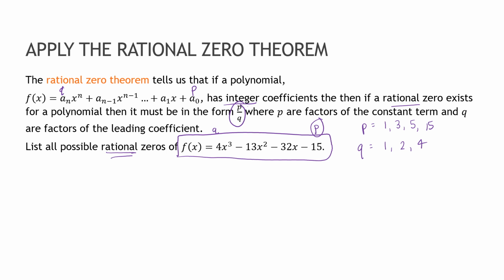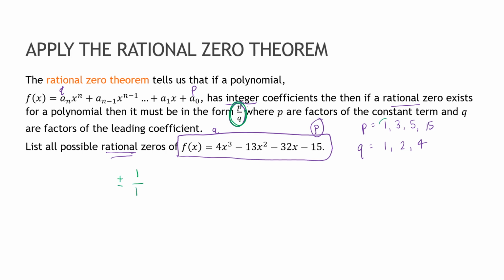So all of the possible rational zeros for this would include any fractions that I can make using P and Q. So I'm going to say my possibilities are 1 over 1, and these can be positive or negative.